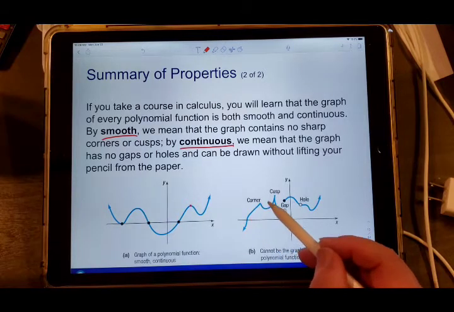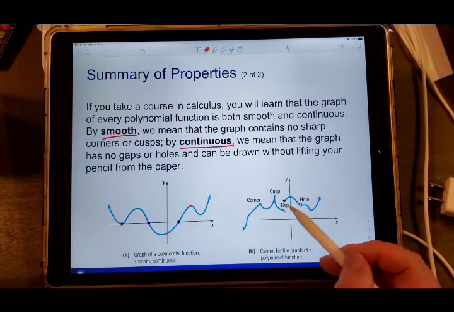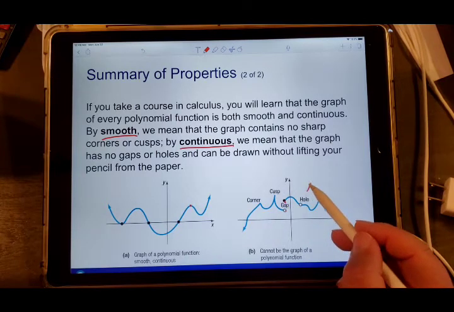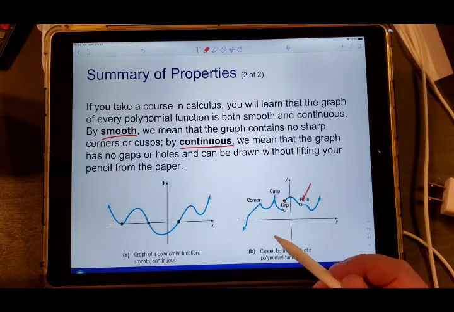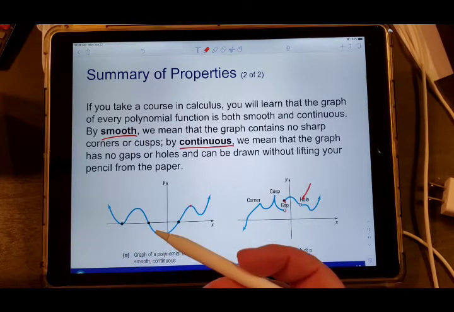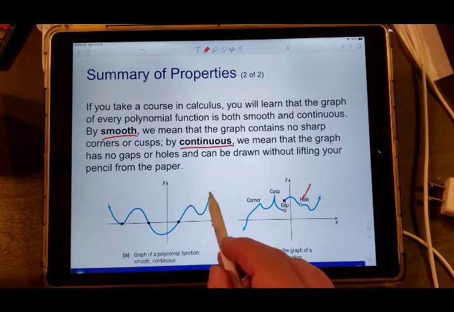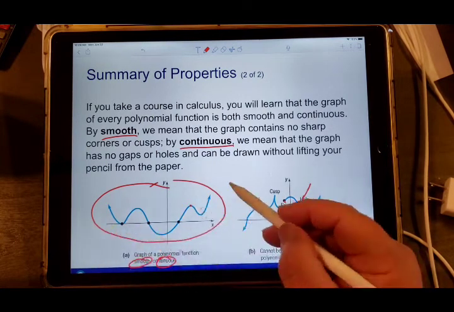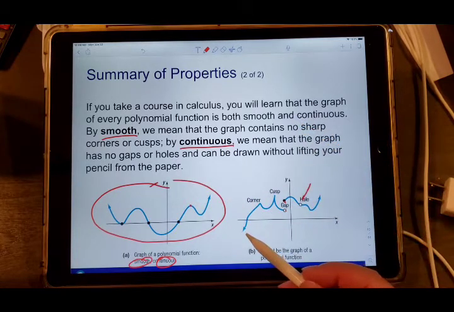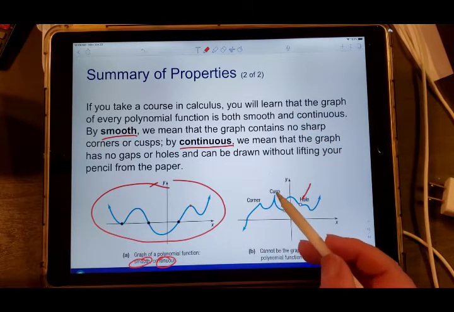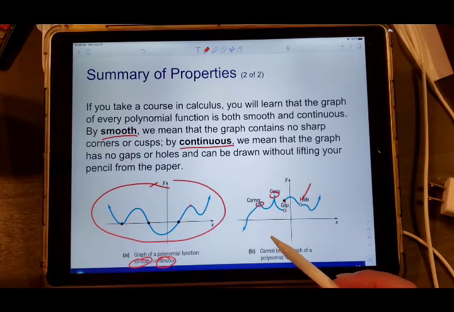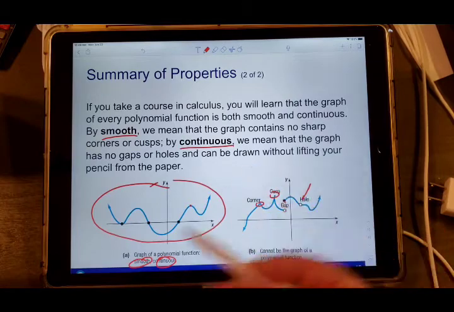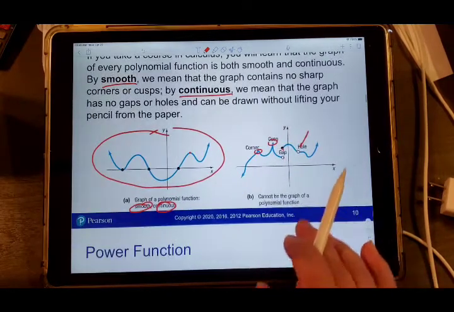This corner right here would not be considered smooth, and this gap or this hole would not be considered continuous. So the idea here is, even if you have no idea what a graph looks like in detail, you know that polynomials will look something like this because they must be both smooth and continuous. You can draw it without lifting your pencil, and you don't have these cusps or bends or corners in them. And smooth and continuous is the actual words they use in calculus.